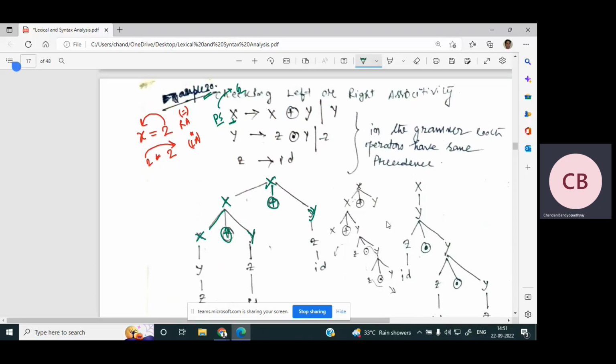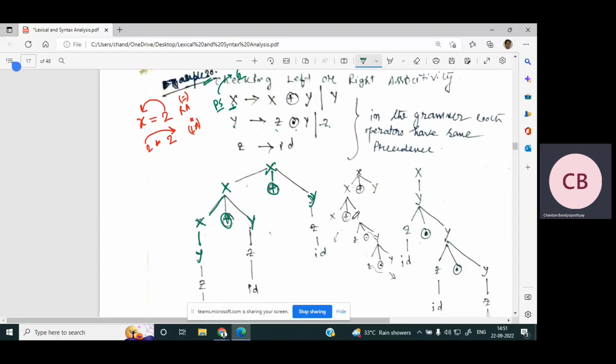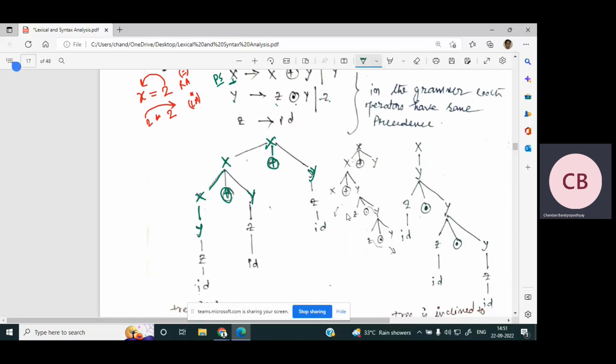X can extend to y. Y can generate z, or Y can also generate z XNOR y. That is also a possibility. Correct. Now, if I consider that y is generating z and id, then you check that this XOR is inclined to left. That means I can tell that the XOR operator is left associative.